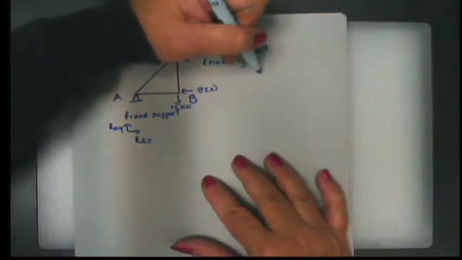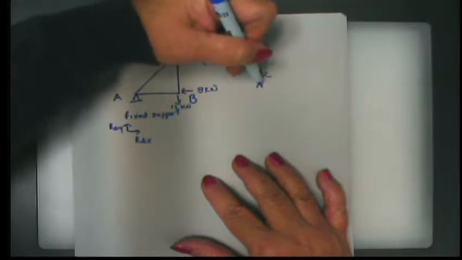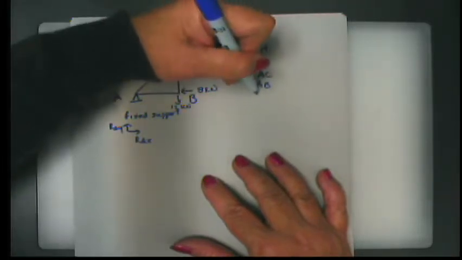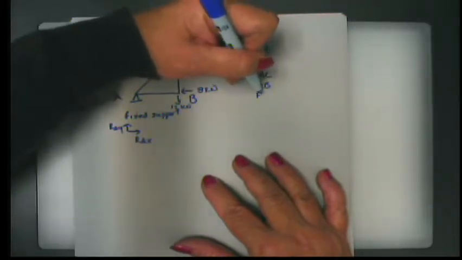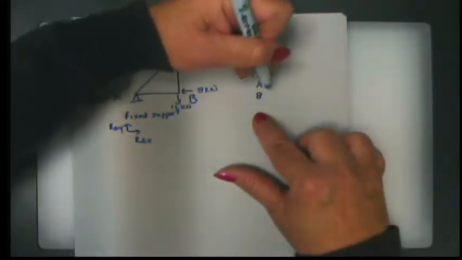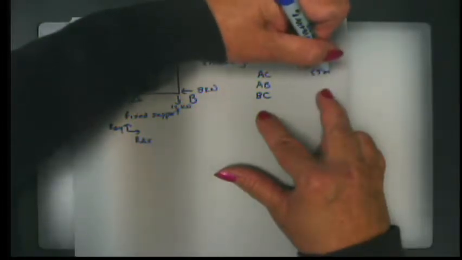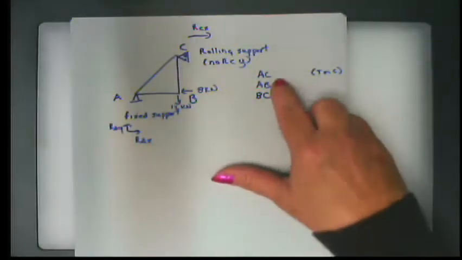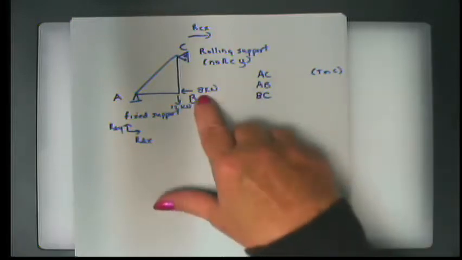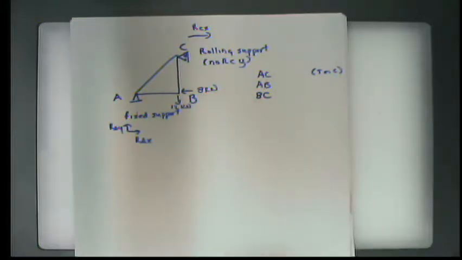So we are looking for the force in AB, AC, BC. Okay? And we want to know each of those if it's tension or compression. So we know magnitude, because these are in kilonewtons. We want to report in kilonewtons. And we want to know whether it's in tension or compression.